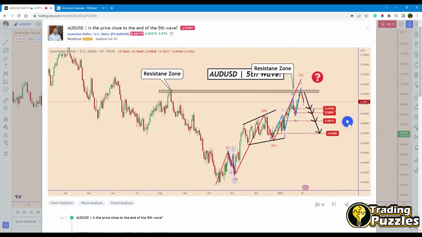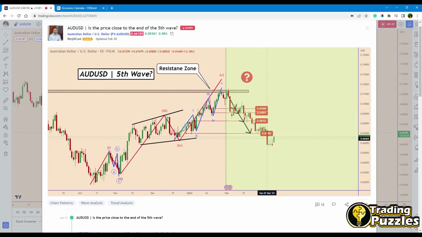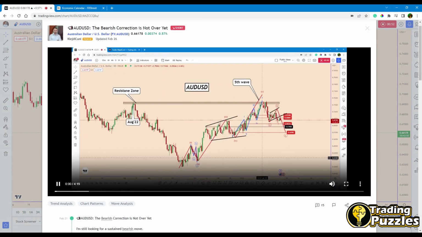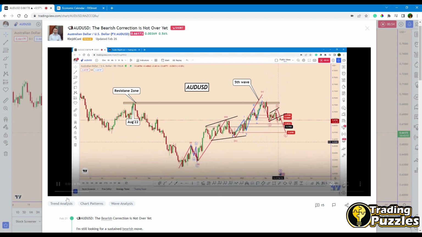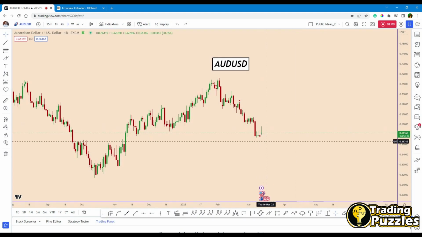The first one was close to the top and the price was already showing that it was on the fifth completed wave of a bigger wave in red, and it proved to be right until now. We had also the small path correcting to this point, and price already moved down. We may see the price here. So here it was our scenario.